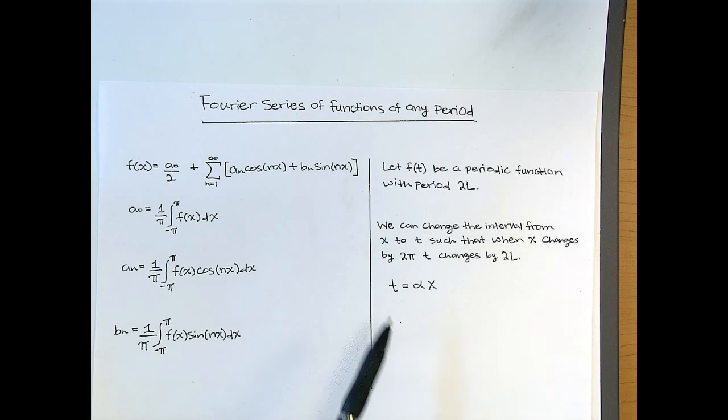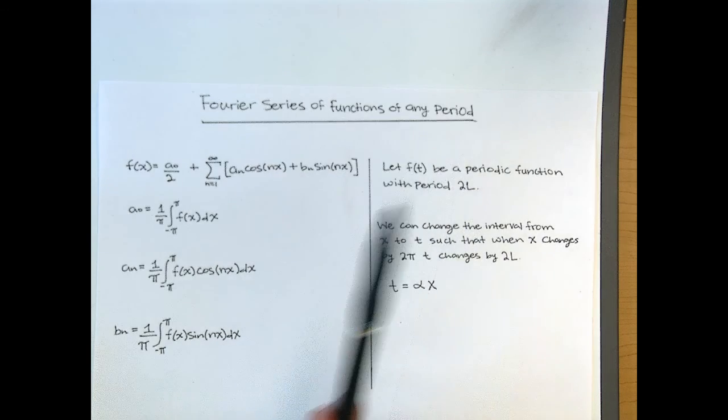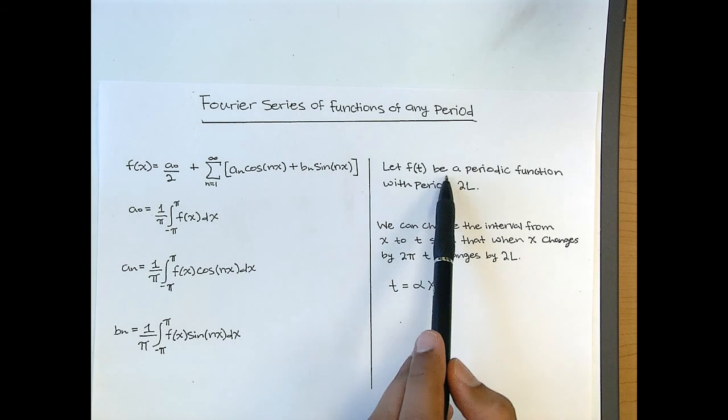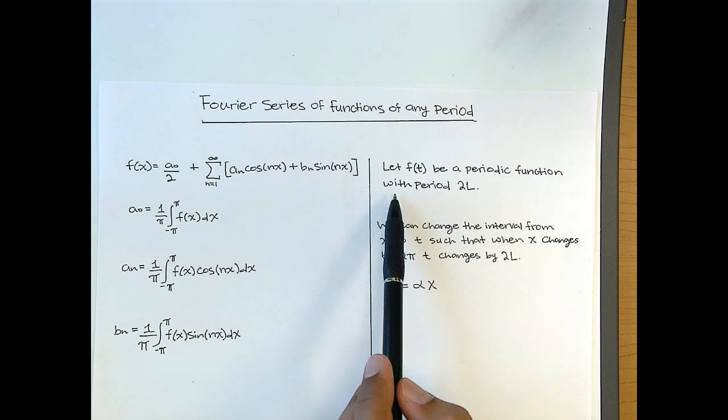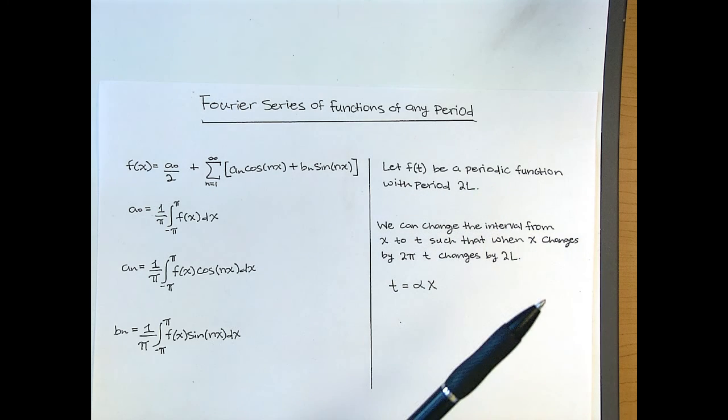All right, so what we want to do now is look at a Fourier series of functions of any period. In this case we're going to let f of t be a periodic function with period 2L, where L is just some number.